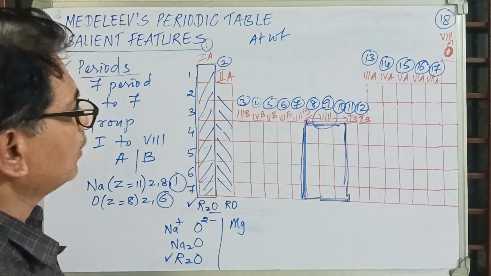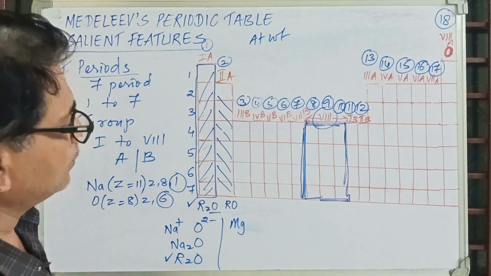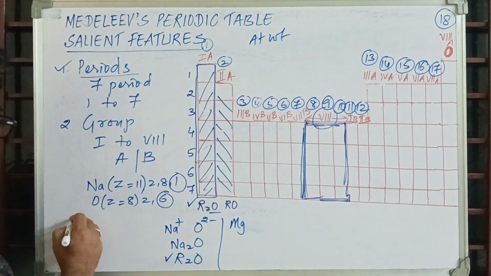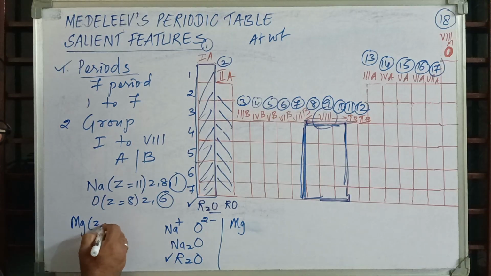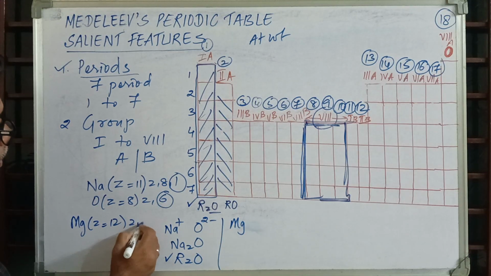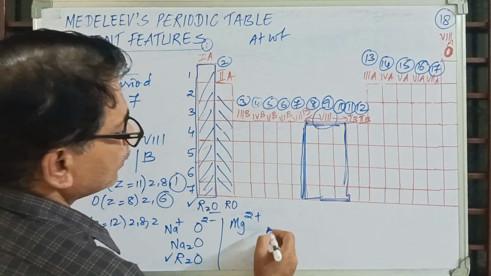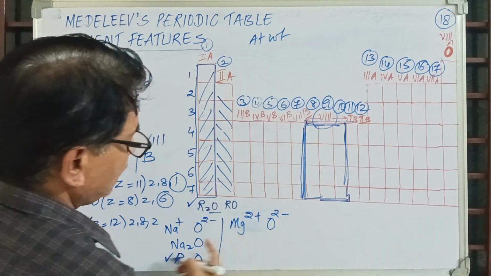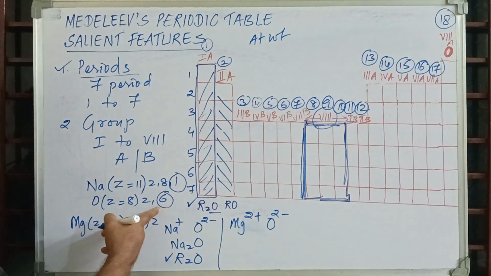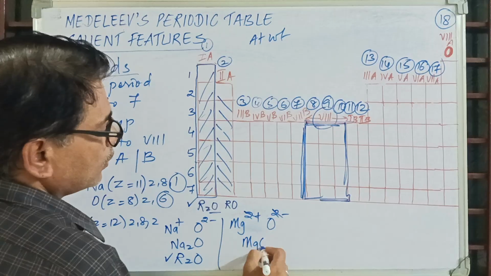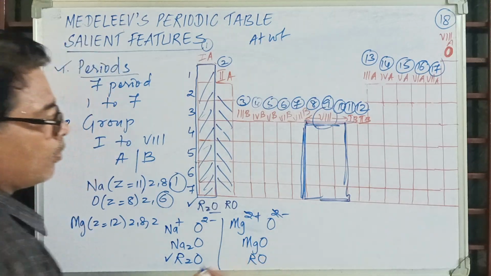I took magnesium. Magnesium's atomic number is 12, so it is 2, 8, 2. So its valency is 2+, a cation. Oxygen, as I just told you, is 2-, always the same because its number is 8. The 2 and 2 cancel, therefore it is MgO. This is what you mean by RO.